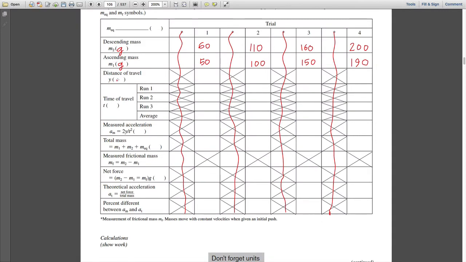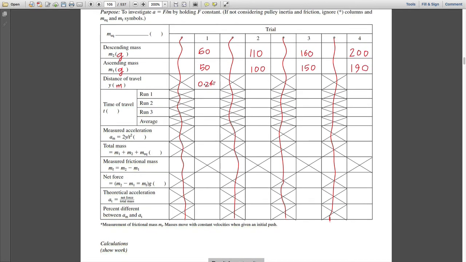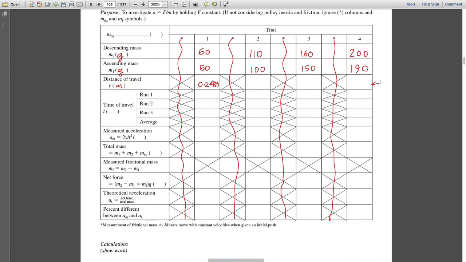So this is in meters. The height that we used is 0.2483. Remember, this value may vary because the simulation doesn't keep it the same.